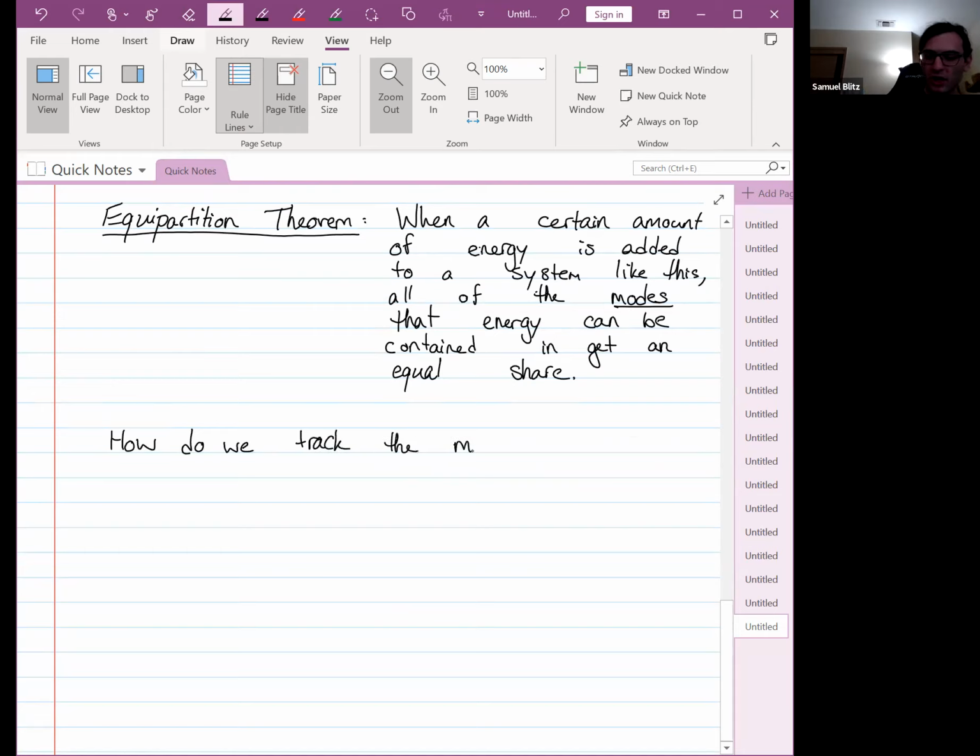I should give you a little bit more of a precise definition of a mode. If we were playing Jeopardy, what is a mode would be an answer to the following question. So let me just write it out. Which quantities can have energy added to them without affecting other quantities?